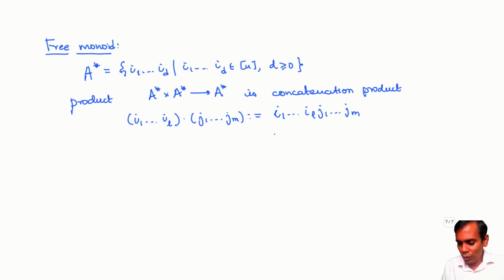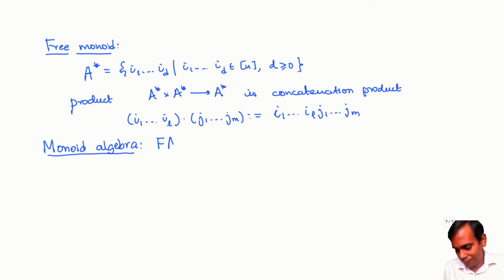When you have a monoid like this, you can define an algebra. So we'll define the monoid algebra. I'll call it a ring actually. Well, I'm using the word algebra to denote a ring whose additive abelian group is actually an F vector space and whose multiplication is F bilinear. So you have this monoid algebra, F A_n star.